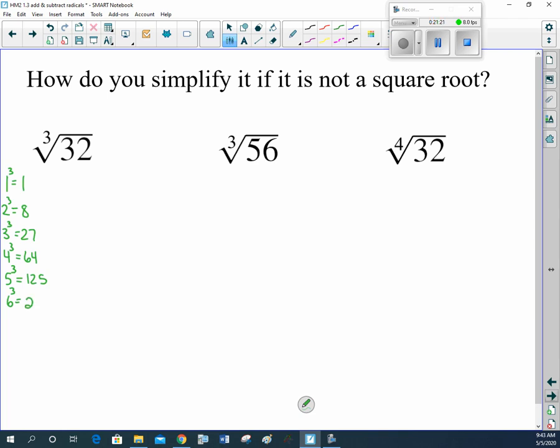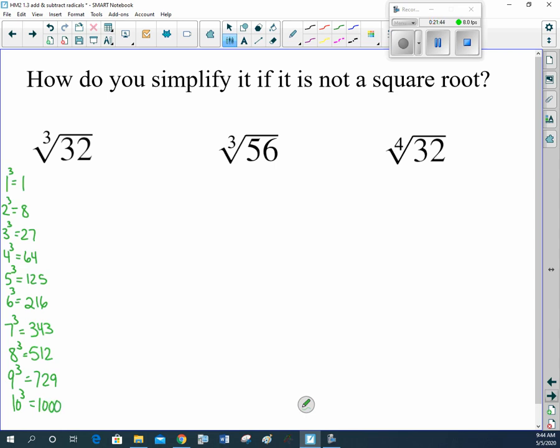Yep. 7 raised to the third is 343. 8 raised to the third is 512. 9 raised to the third is 729. And 10 to the third is 1,000.